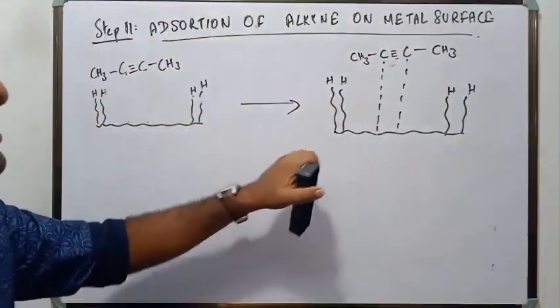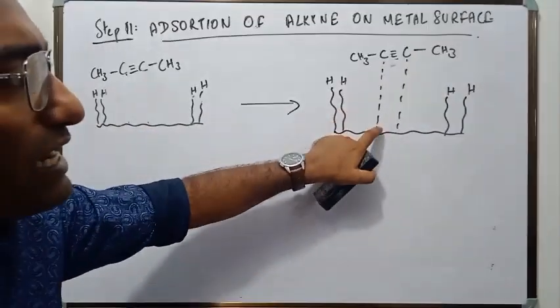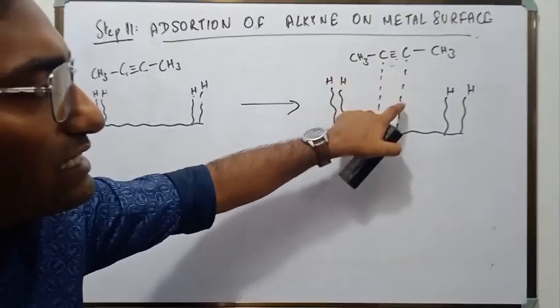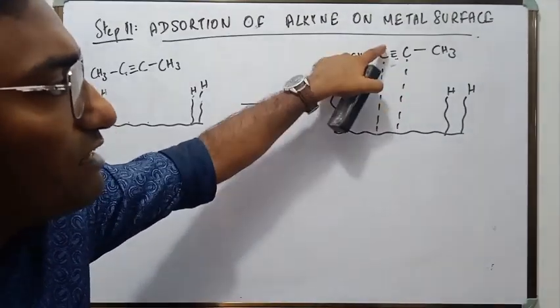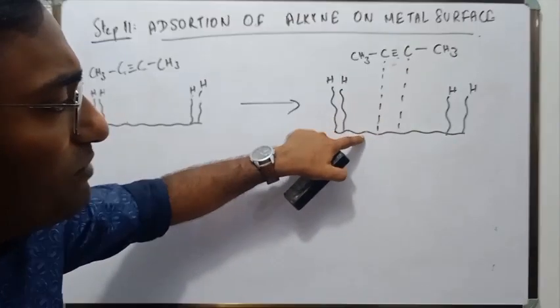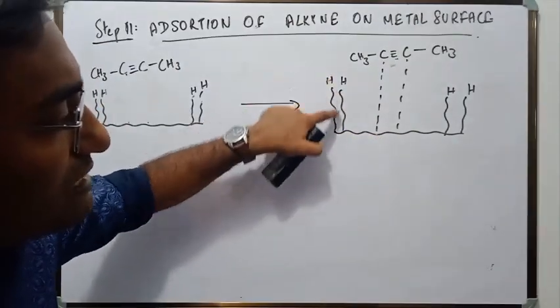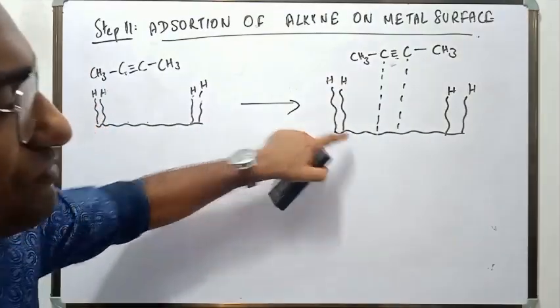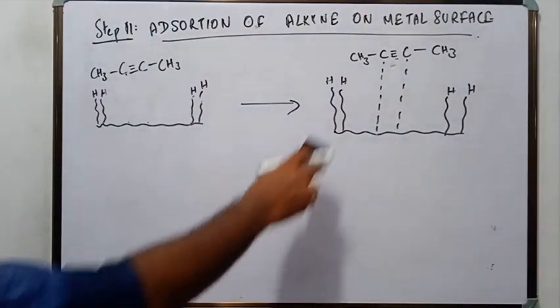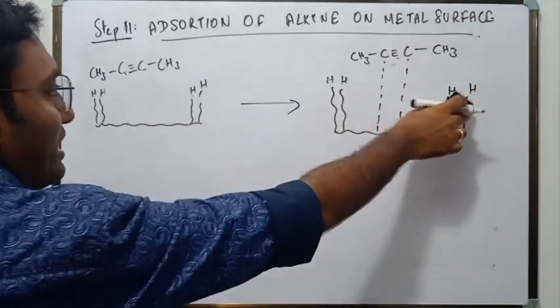In no way will it lose its pi electron pair, but of course there is an attraction, and because this is an attraction, it is farther from the surface of the palladium, and because this is a bond, hydrogen is nearer to the surface of the palladium. Fine. So it stays on top of hydrogen, right?